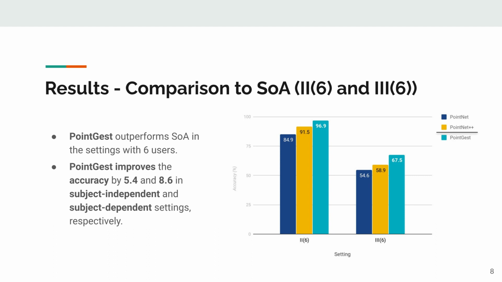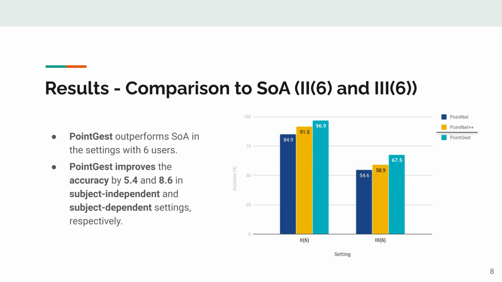As mentioned before, we've also evaluated the available models and PointGest on the settings with 6 users. As shown in this chart, PointGest outperformed the closest competitor with a margin of 5.4 and 8.6 in subject independent and subject dependent settings.